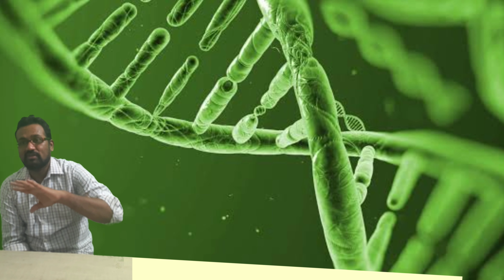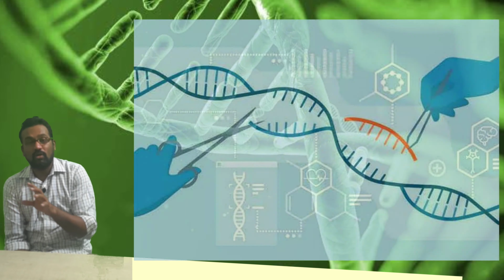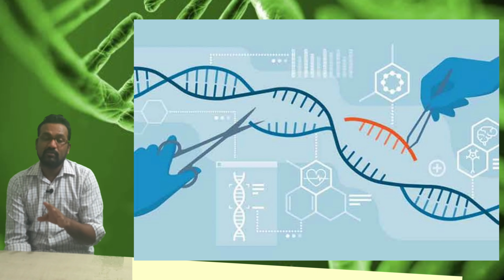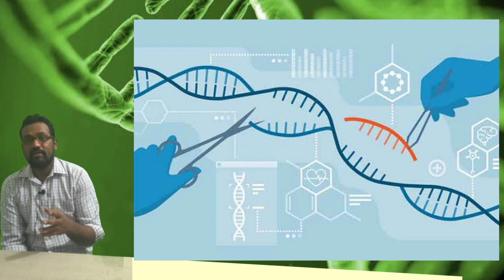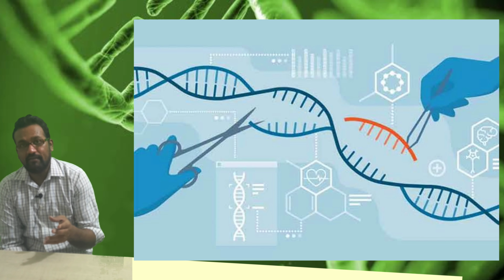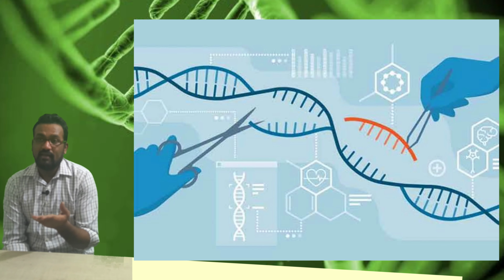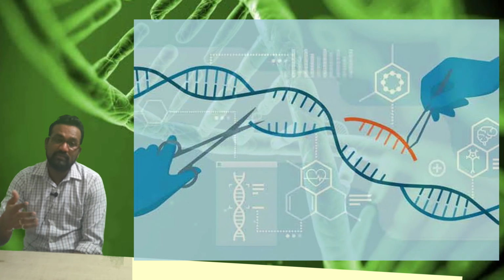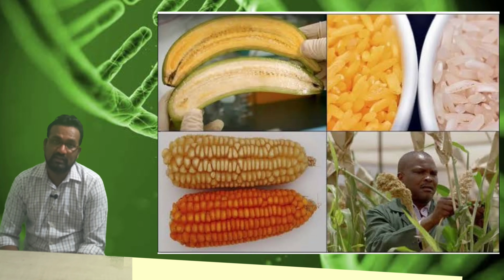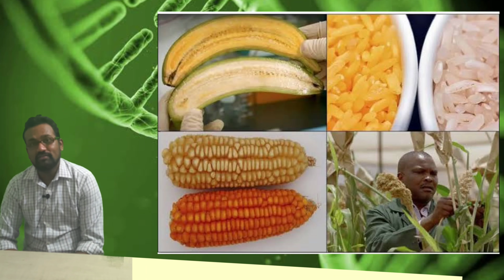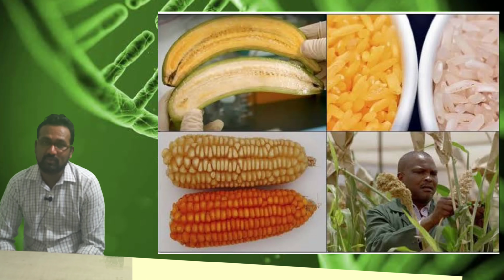So the scope of molecular biology can be concluded in one word: molecular biology knowledge is very essential in order to apply it for biotechnology purposes, because after all biotechnology is our area of interest where we can create innovative ideas, or find solutions for problems we face nowadays. For example, increasing food production and increasing the size of fruit, such problems can be solved with the help of biotechnology.